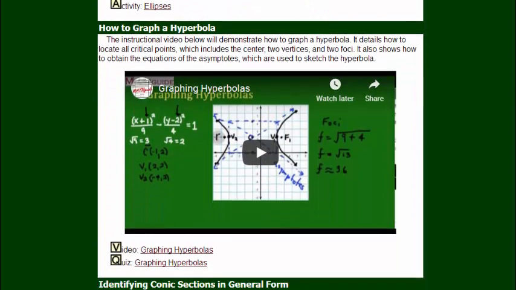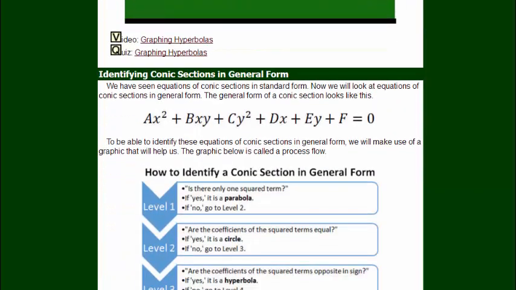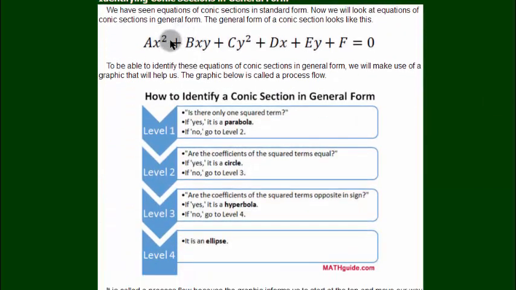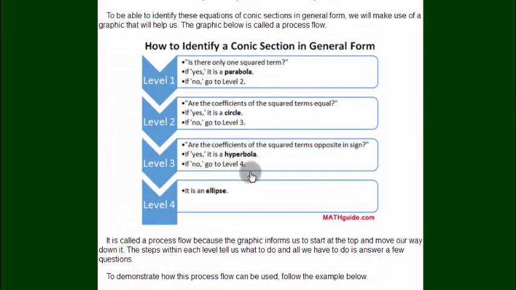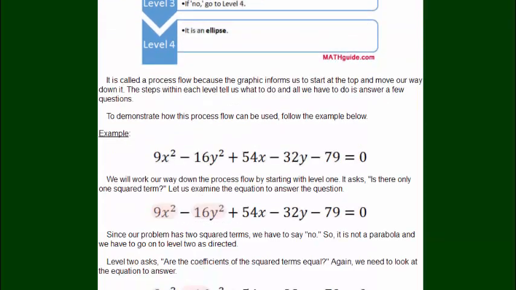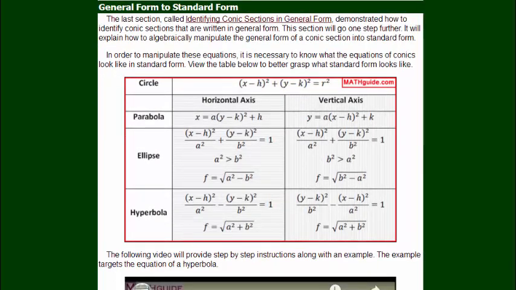And again, there's videos that also explain more difficult areas of conic sections, and there's even other things that deal with, for instance, how to change from general form into standard form. And of course, this is a flow chart. So you could see that these lessons are extremely thorough, and the graphic organizers that go with them make it understandable for students.